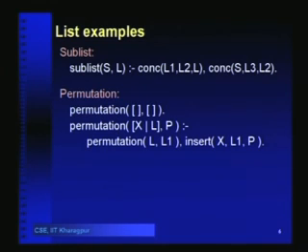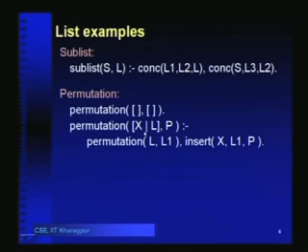Now let us see what is the second rule telling us. Second rule tells us that, so the first argument is the list X and the second argument is the permutation P. The first argument is this list argument and the second argument is the permutation of the list.